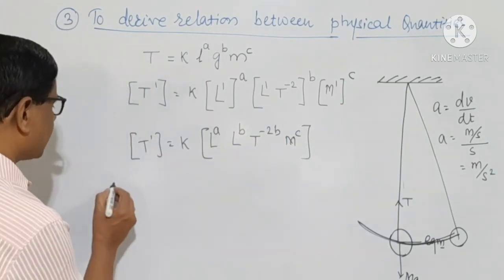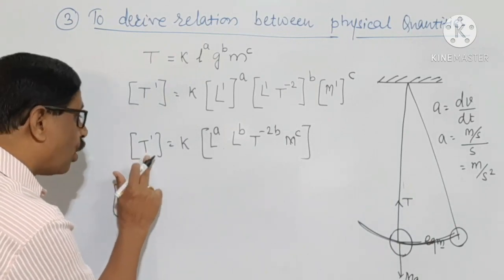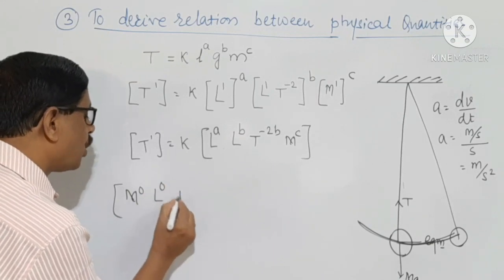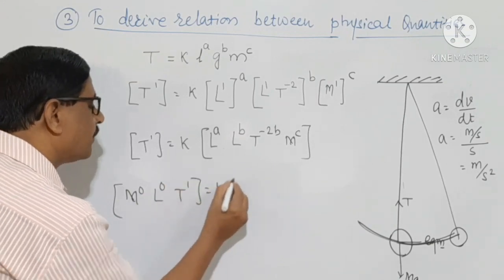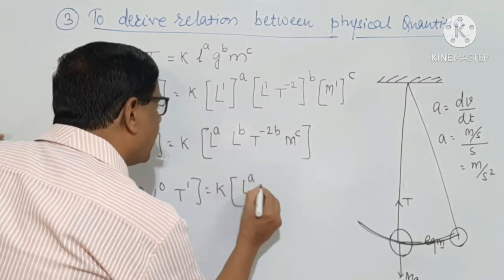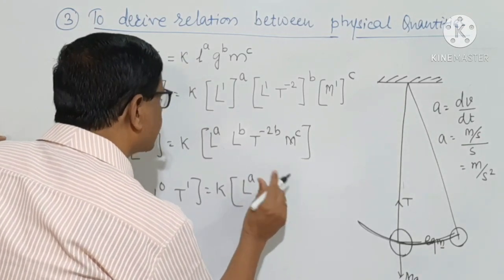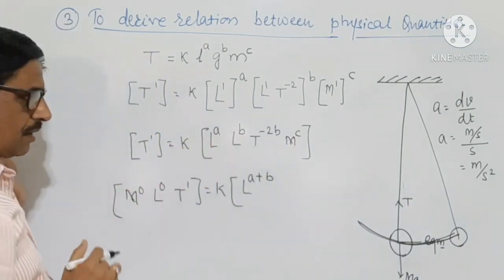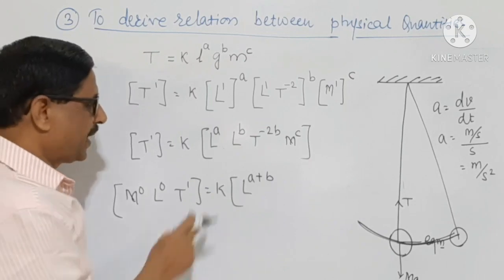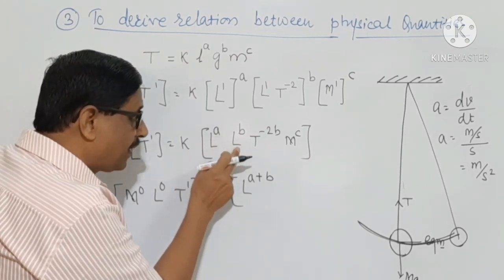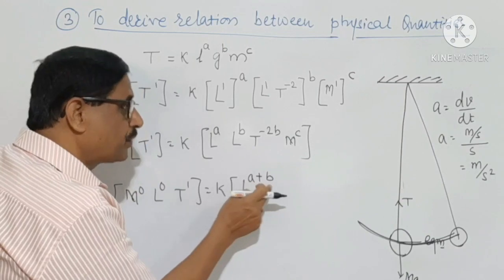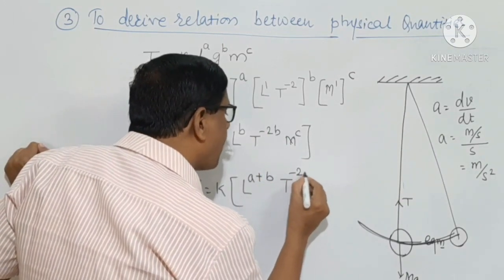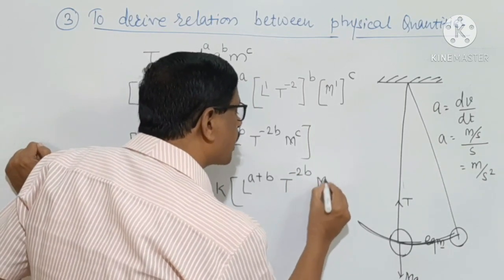Using this, you will see that here I had written it alone, t raised to 1, which actually means m0, L0, t1. k, it is L raised to a plus b. Here it is L raised to a, L raised to b. In a product there is a sum of the indices. Then you will get t raised to minus 2b and m raised to c.